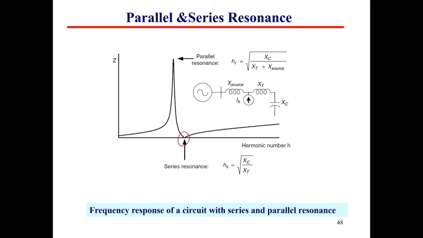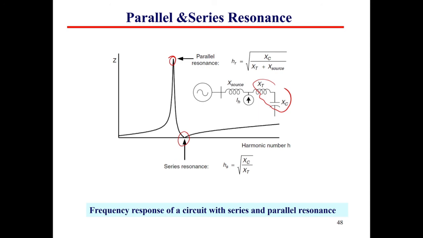Okay, and we know that Z for the series resonance will be very small, and it will be limited by R if we have R, whereas Z total for the parallel resonance will be very huge.